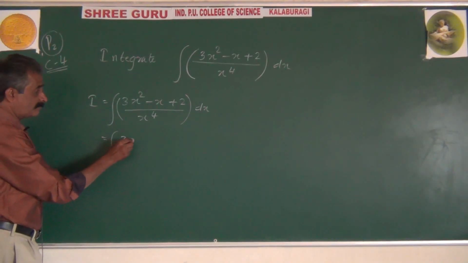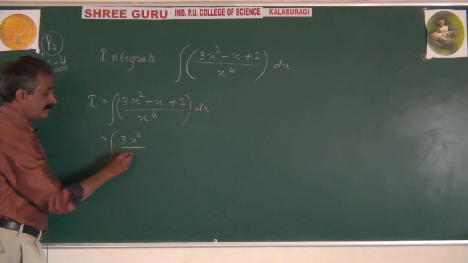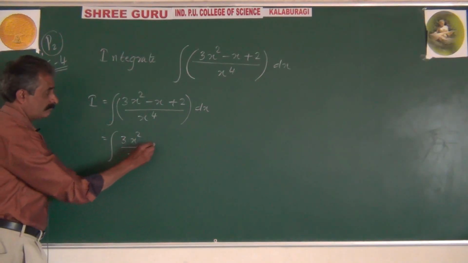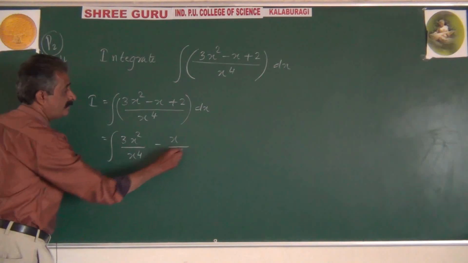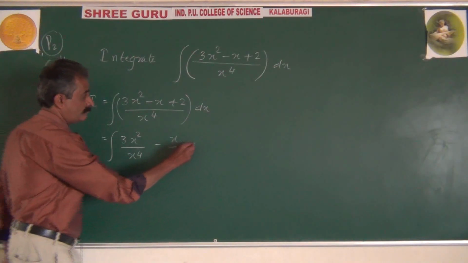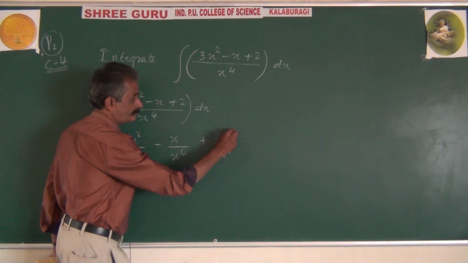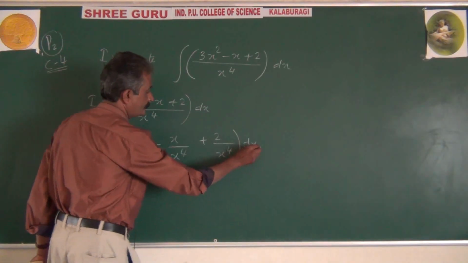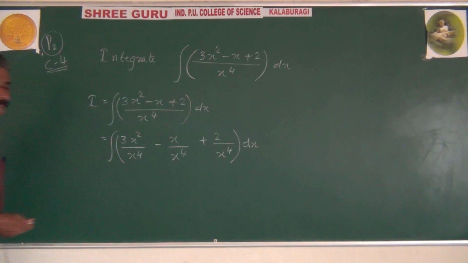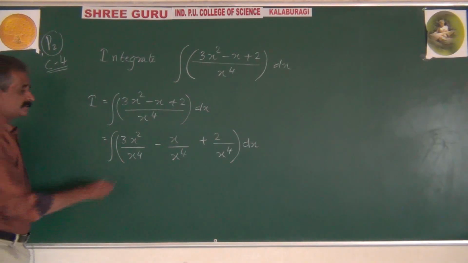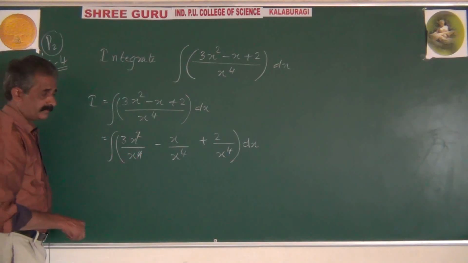First term, 3x square by x to the power of 4, minus x divided by x to the power of 4, plus 2 divided by x to the power of 4. Here x square cancels.